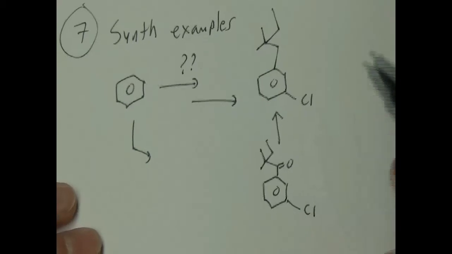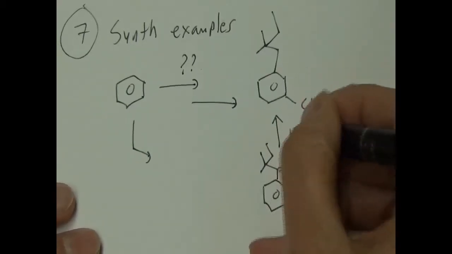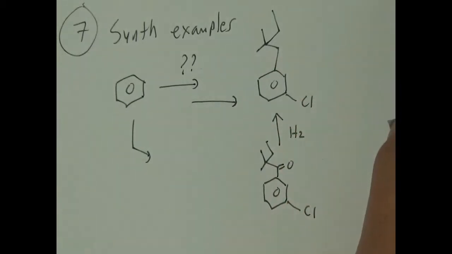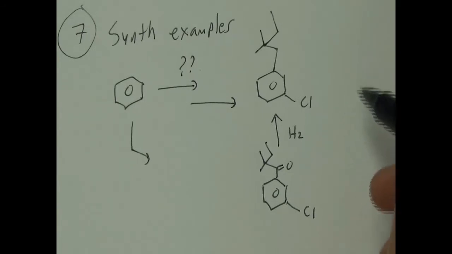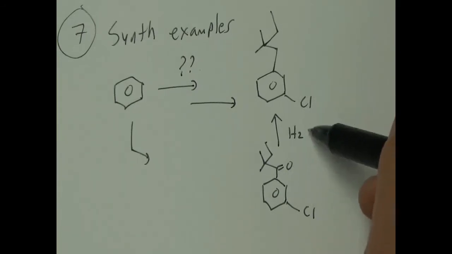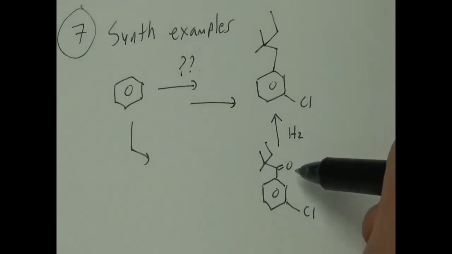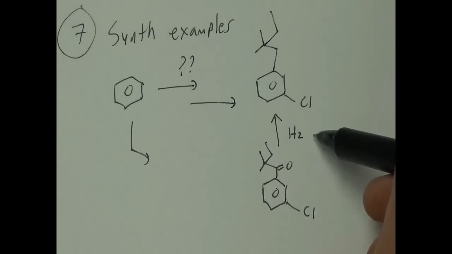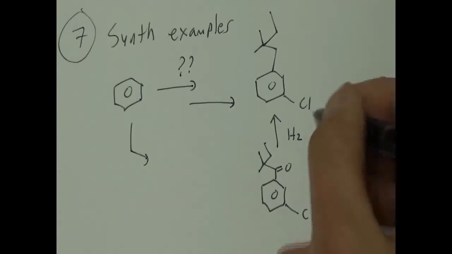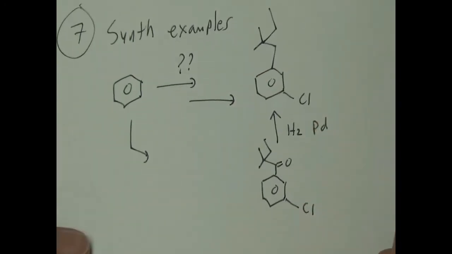Remember, it's H2, and which metal was it, nickel or palladium? For ketones, it's palladium. For nitro, it's nickel. Maybe you can remember nitro-nickel, NN. So it's H2, palladium. You can look back in your notes for that.